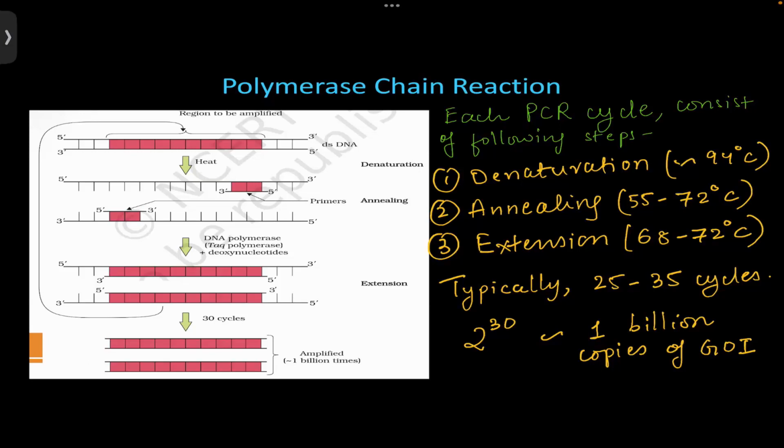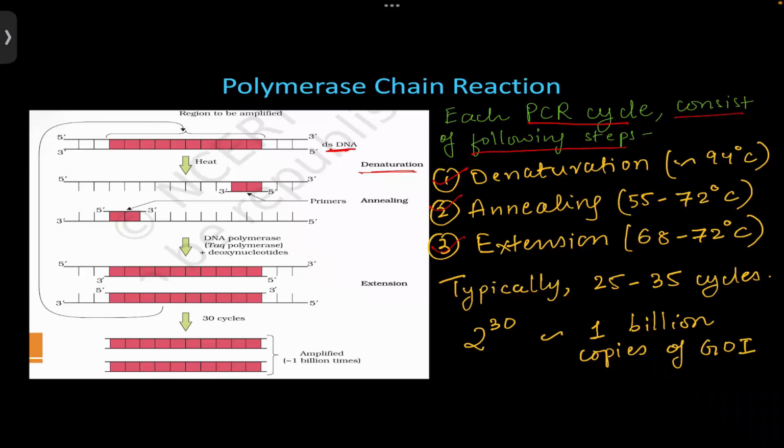And similarly, in an exponential manner, the DNA molecules get amplified. Within each PCR reaction, these three steps happen repeatedly in each cycle. The first step is denaturation. In this figure, you will understand that, say, this is your double-stranded DNA molecule.